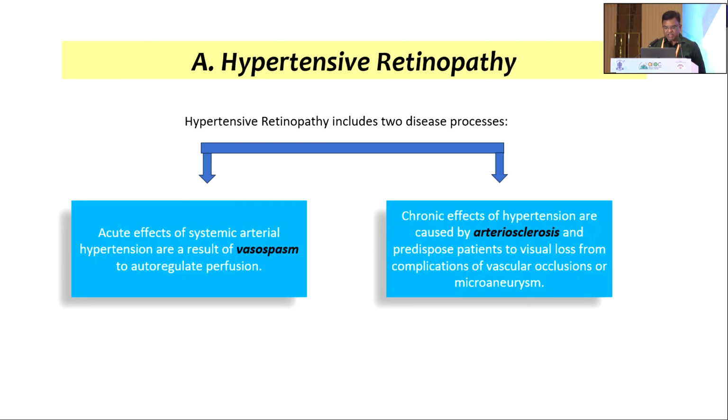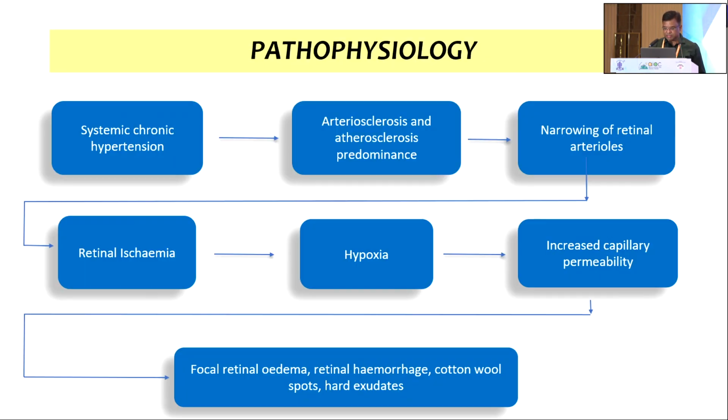So hypertensive retinopathy is basically due to 2 causes. First is vasospasm, which occurs due to the acute effect of systemic arterial hypertension. And second is atherosclerosis, which is the chronic effect of hypertension. Just a couple of points about the pathophysiology.